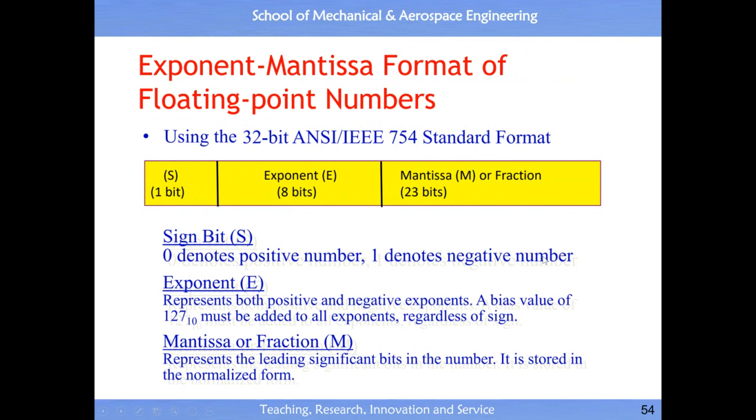And the invention is like this. We allocate 1 bit to indicate the sign, whether this number is positive or negative. We allocate bits to represent the exponent with base 2.